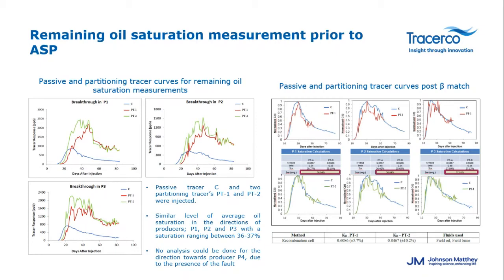Utilizing customized software, the timing intervals were used on the right plots for each partitioning tracer. Their specific partitioning coefficient used is indicated in the beta part of the table, and oil saturations were calculated based on arrival times. The range in saturations calculated were 36 to 37%.